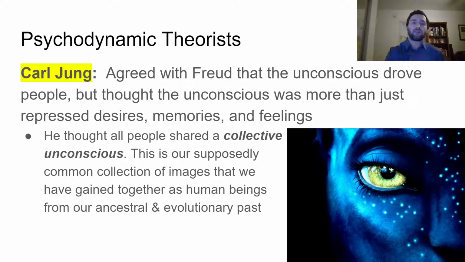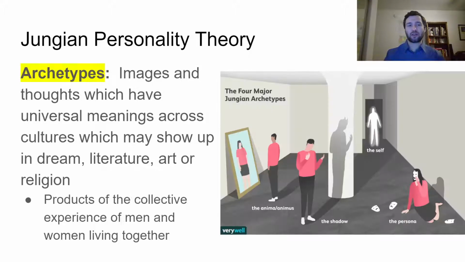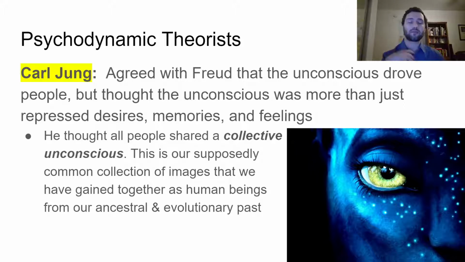This is supposedly our common collection of images that we have gained together as human beings from our ancestral and environmental past. You can think of it like this: if I told you to picture a dog, just imagine a dog.